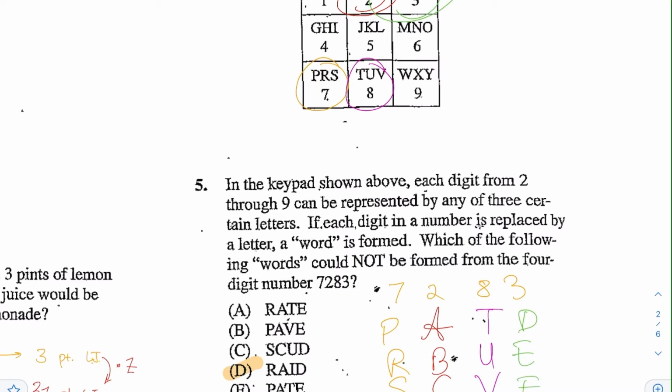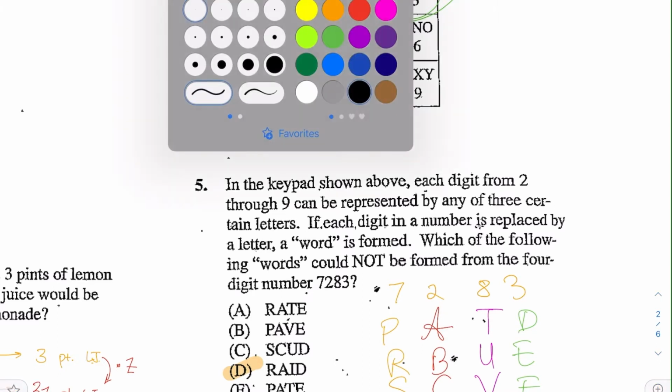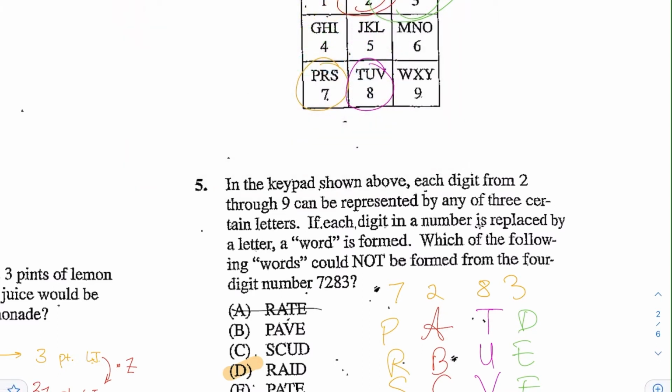So just go through all the choices and see which one can't work. For choice A, RATE, that's fine using this. Again, you're looking for one that can't be formed. For choice B, the word is PAVE, so you see PAVE here. That is also valid. For choice C, it's SCUD.